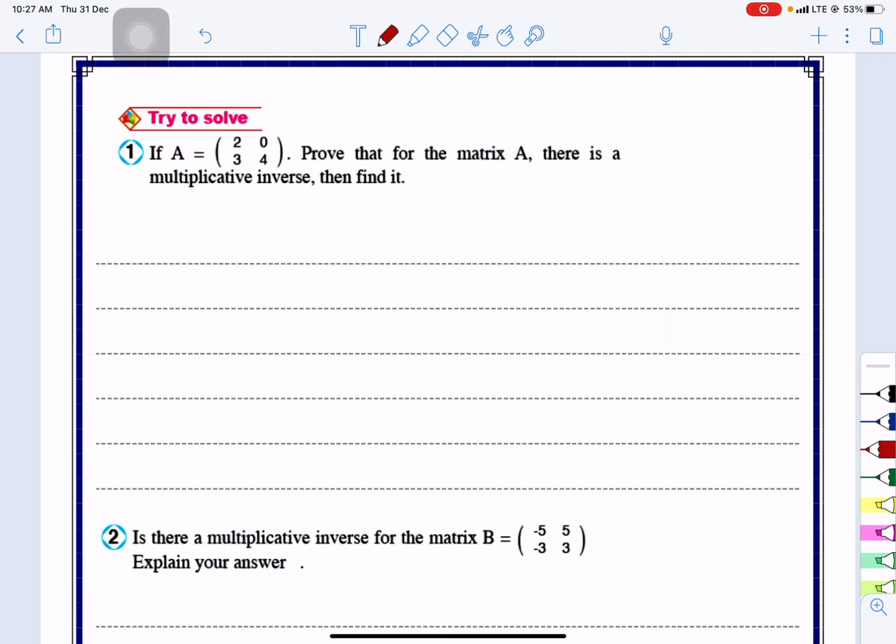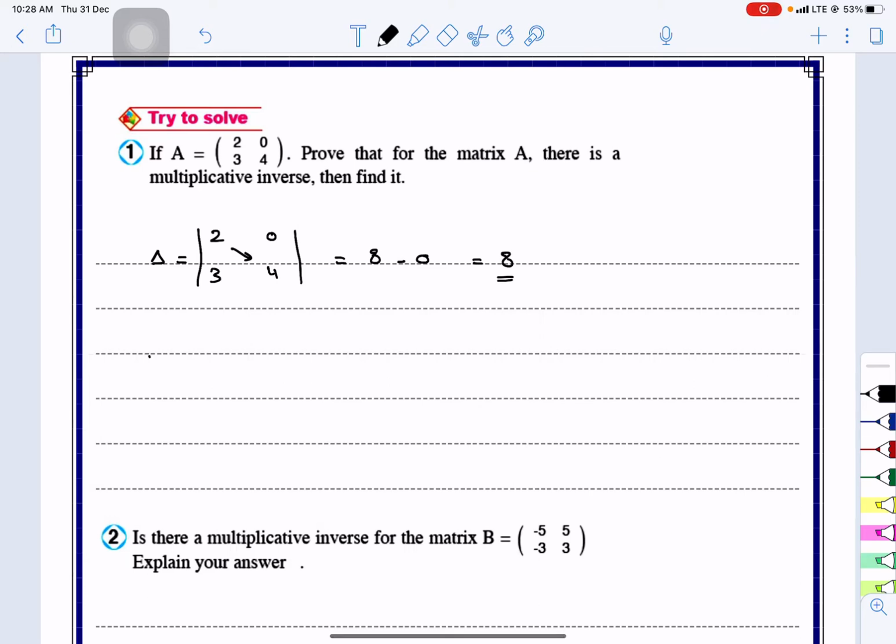To prove that the matrix A has a multiplicative inverse, we have to get the determinant of the matrix A. The determinant delta of the matrix A equals 2 times 4 equals 8, minus 0, equals 8. So if the matrix A has a determinant value, we can get its multiplicative inverse.